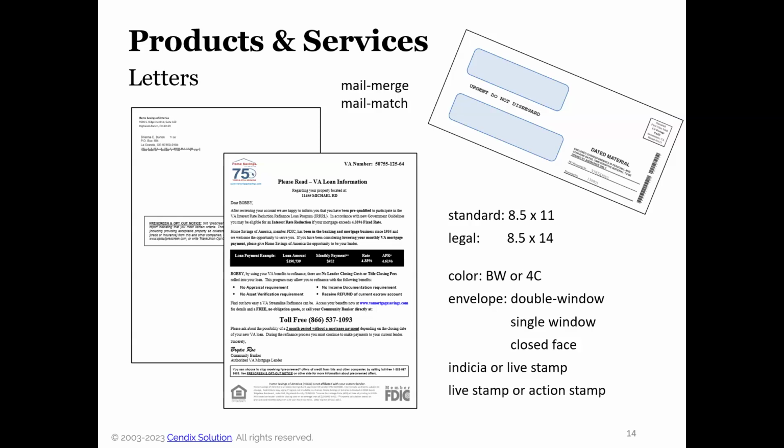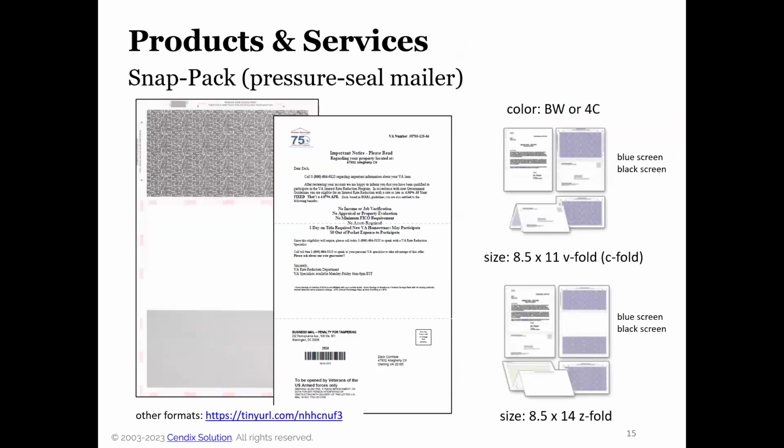Sometimes it's the right thing to do. Oftentimes, if we can do a mail merge and use a double window envelope, as in this example, it keeps our costs a little lower and the response rates are pretty much the same. But you should be aware that that is an option. If we need to do a mail match, we can do that. It takes a little more time and adds a little bit more to the expense.